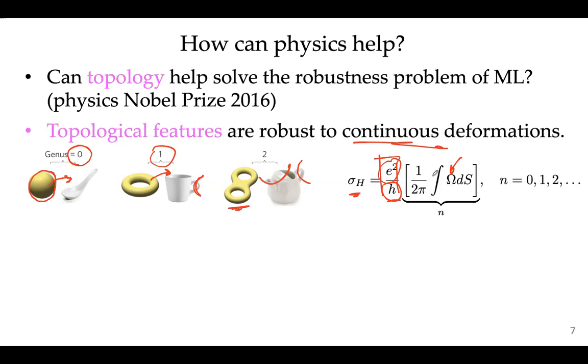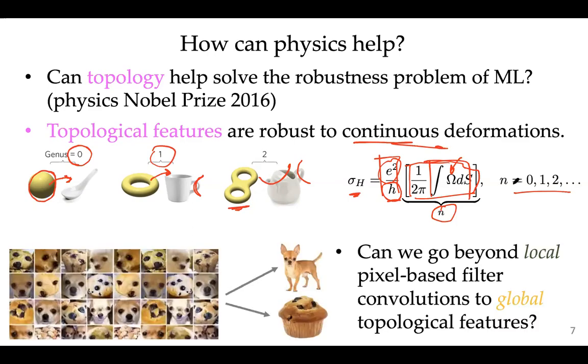The interesting thing is that when you do this calculation with this prefactor, it always gives you an integer. It's either 0, 1, or 2; it never becomes, for example, 1.3. So this is the nice thing about topology.